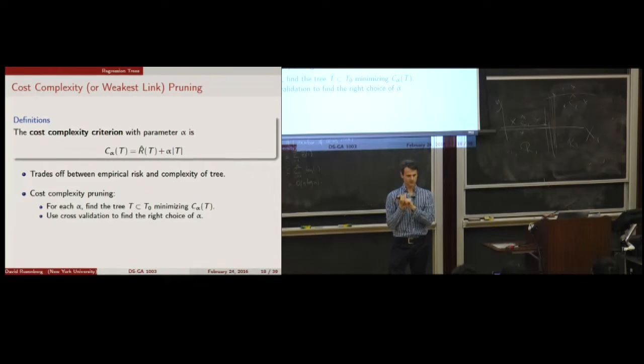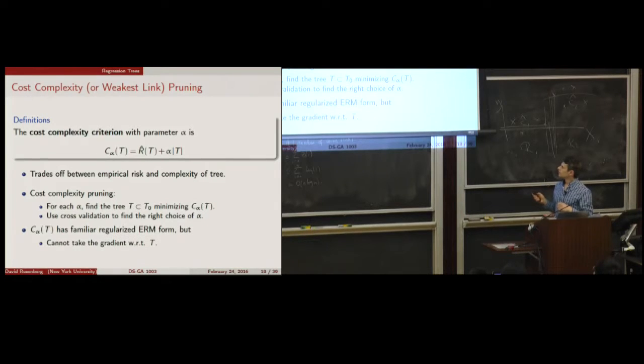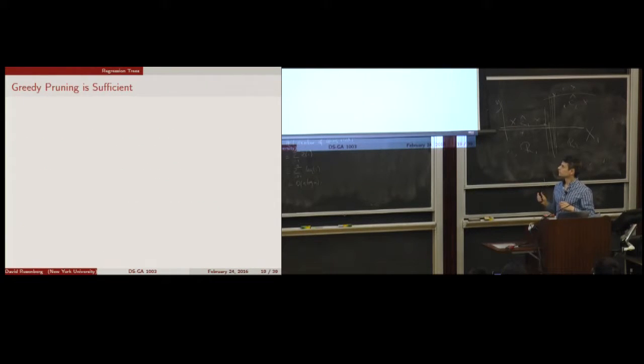When we remove a split from a tree, the complexity increases or decreases? Right, and the empirical risk increases, exactly. We can keep doing that until we've removed every single node up to the root, and that gives us a hierarchy of trees.